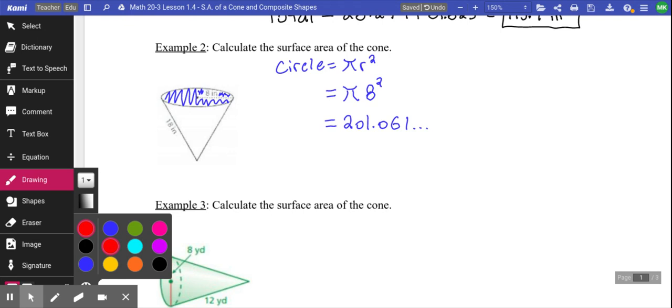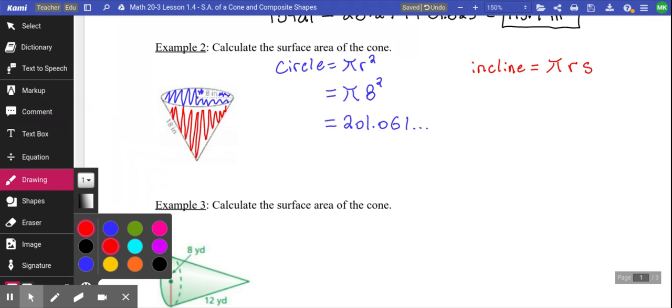The next section on a cone would be that incline area, this part. To calculate that part, I'm going to call it incline again because I like that you use that. That's pi times r times s.